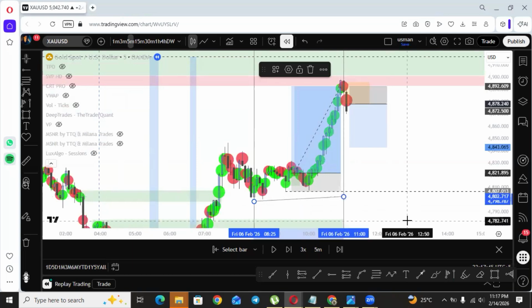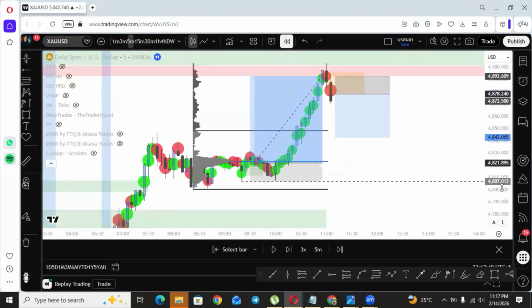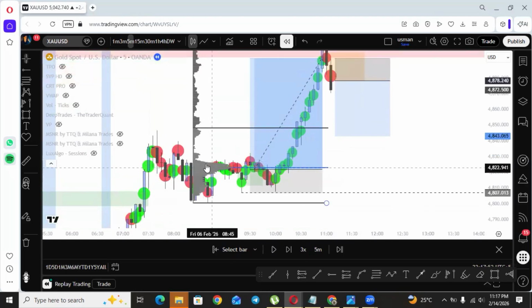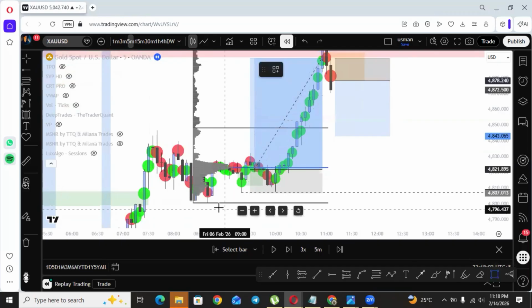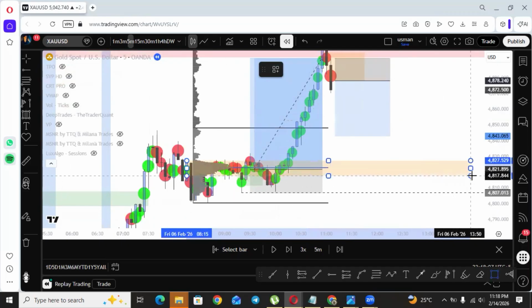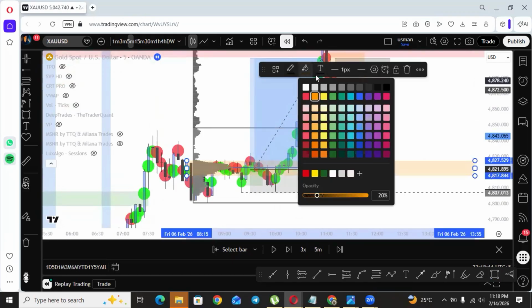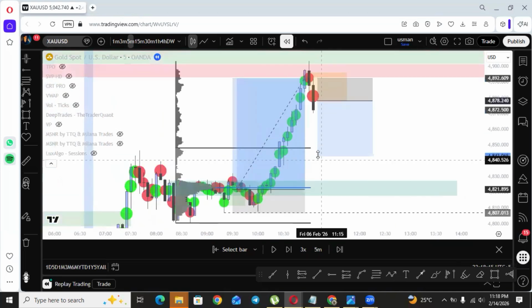I will put a volume profile from the start to the end of this move, and I will see this was the high volume cluster where the market was interested in doing most of its volume, and a war happened at this point, which the buyers won. And now I anticipate that buyers are strong at this level. I may get a buying entry at this point, but this is just my anticipation.